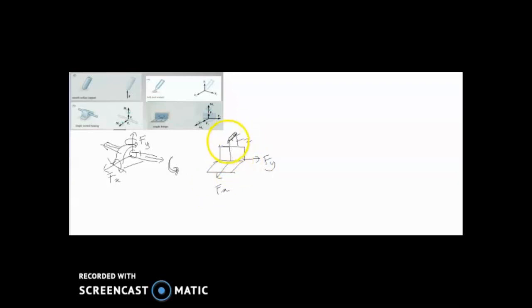So there are reaction forces along those axes. And then for the moment, it has a moment about the x and z axes. But there is no moment about the y axis because the hinge is free to rotate about that axis, but it cannot rotate about the z and x axes, so it has a tendency to rotate, and the moment is created.